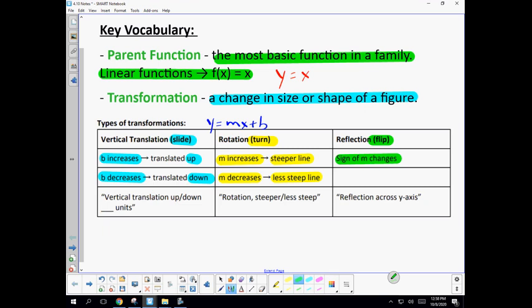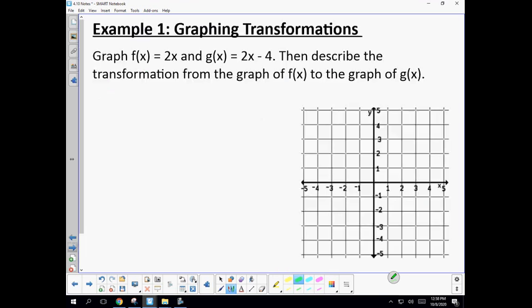Okay, let's look at some examples. Here we have two functions. We're going to graph those functions. We have f of x equals 2x, and my b here is 0, so let's start at 0, and let's do the slope up 2 over 1, up 2 over 1. And now we have this one graphed.